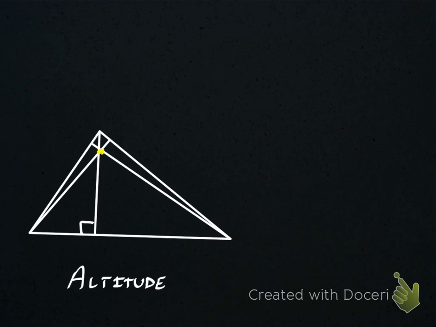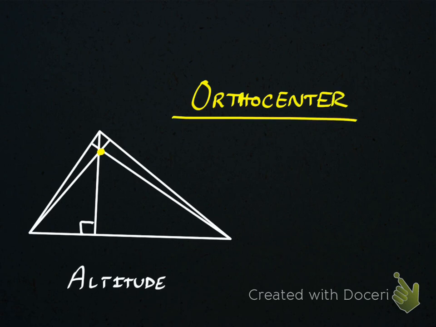Where these altitudes meet is called the orthocenter. Orthocenter. I know some of you are like, wait, that's where I get my braces, at the orthocenter. No, this is orthocenter. This is where the altitude, sorry, I think my iPad glitched out there. This is where the altitudes of a triangle meet.